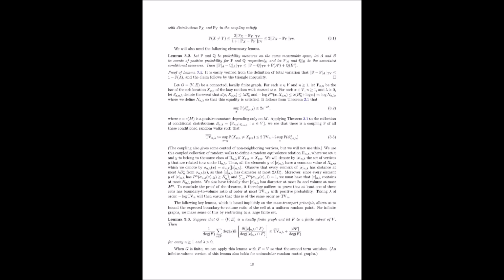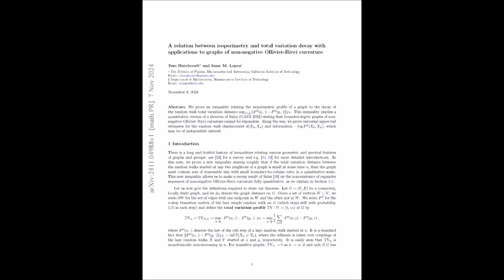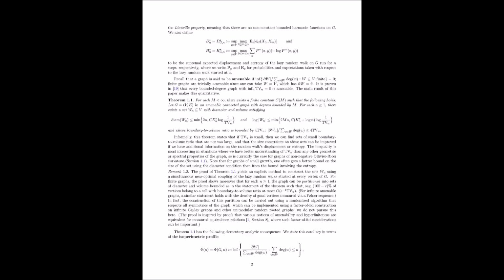And just as non-negative Ricci curvature in manifolds places very strong constraints on the geometry, non-negative Ollivier-Ricci curvature on graphs has really profound implications. Wow. Okay, so how does the paper's main theorem, that link between TVN and isoperimetric profiles, help us understand graphs that have this non-negative curvature? That's where corollary 1.5 comes into play. This result essentially uses the main theorem to give us a quantitative bound on the isoperimetric profile of graphs with non-negative Ollivier-Ricci curvature.